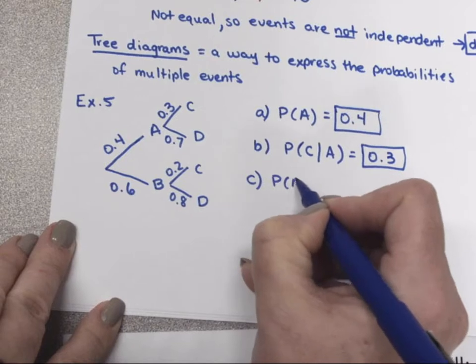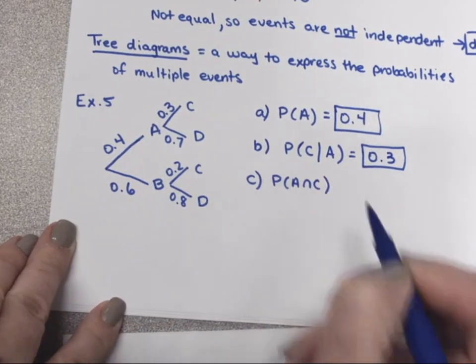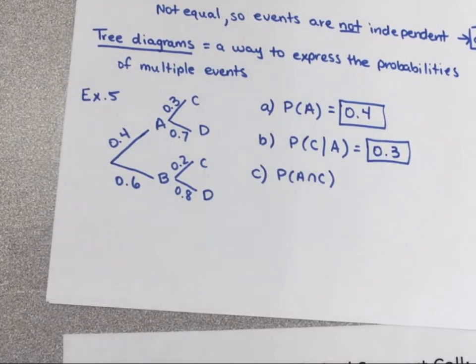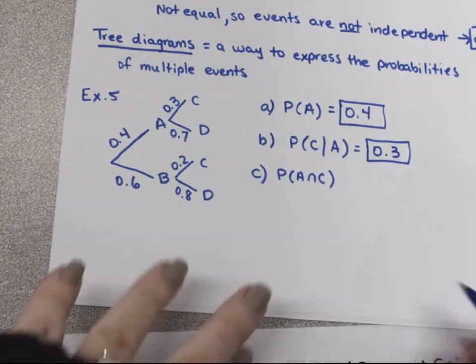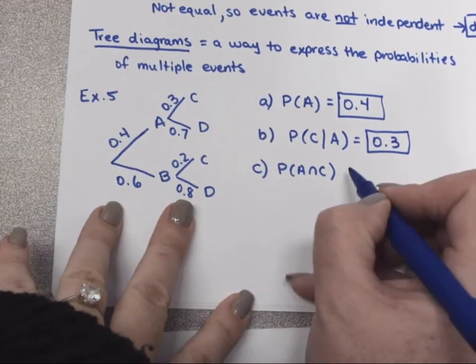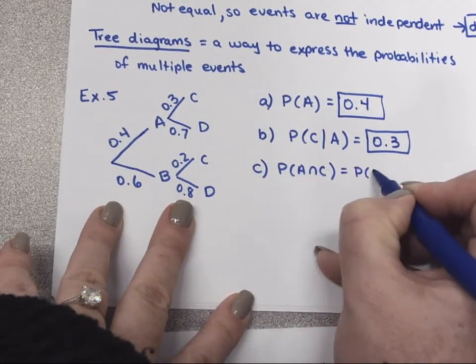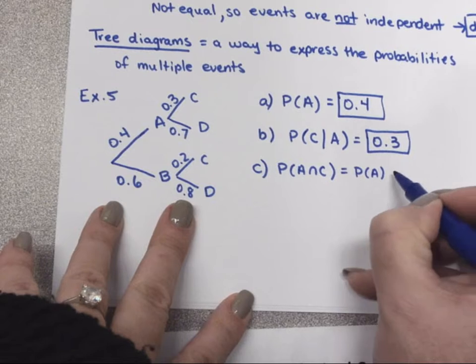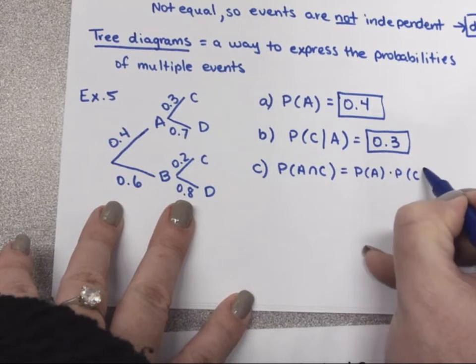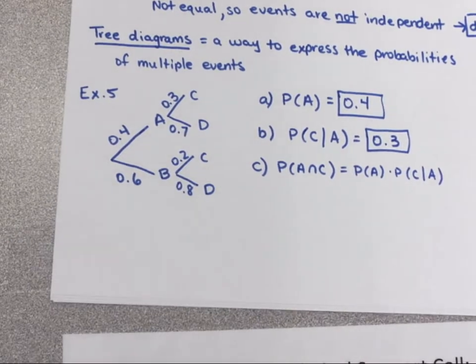So what about something a little more difficult? For this one, I'm asking you for the probability that you went A, and after that also went C. The formula for A and C that we talked about today, remember, is the probability of the first thing times the probability of the second thing, given that the first thing has already happened.